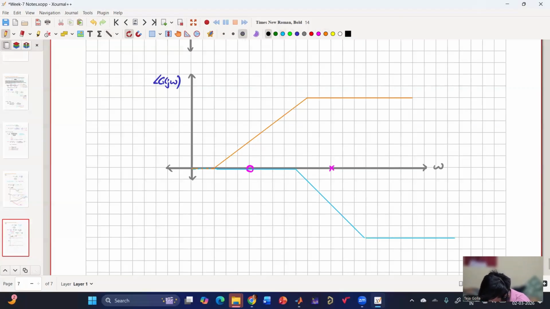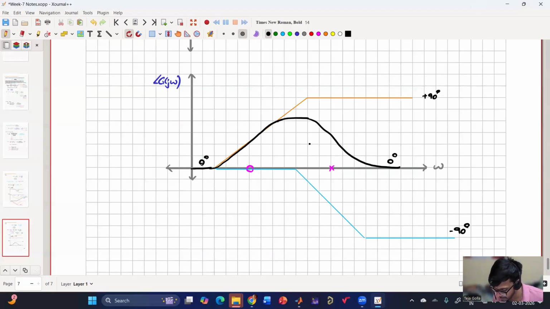So basically, this is plus 90 degrees and this is minus 90 degrees, and we are trying to add those. Initially it will start and increase, and once the effect of the pole comes, it is more or less constant. Then once the zero effect is there, it will fall down and come back. So this is 0 degrees and this is 0 degrees, and in between there will be a peak.